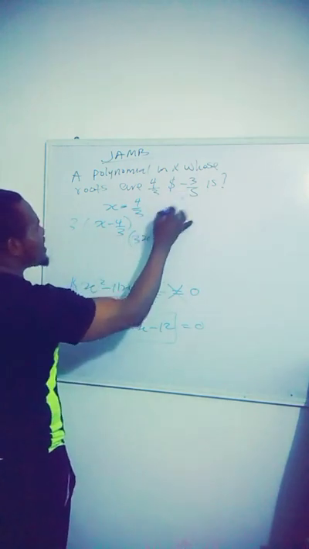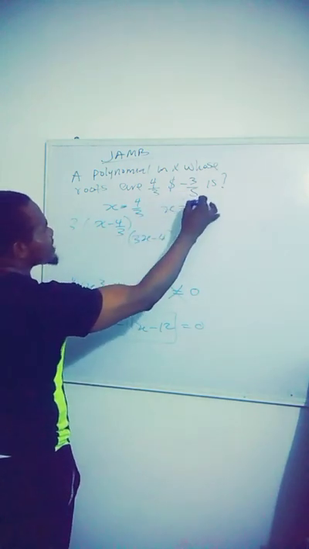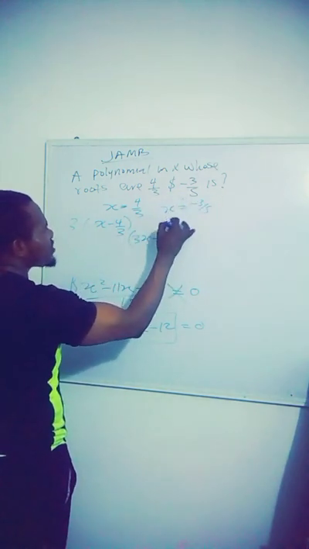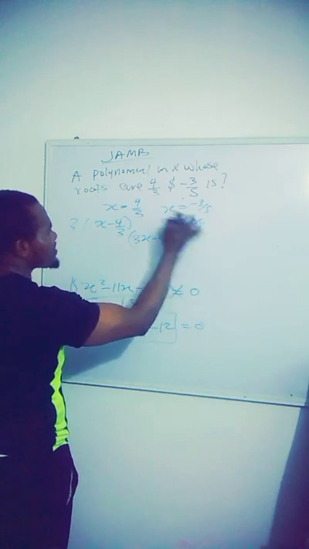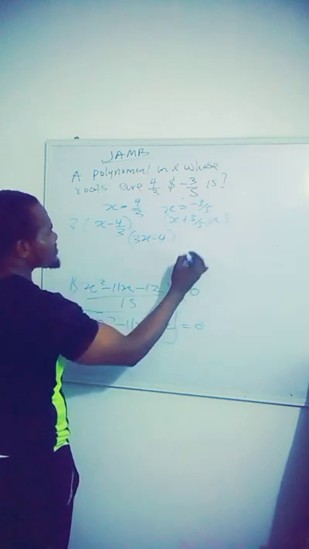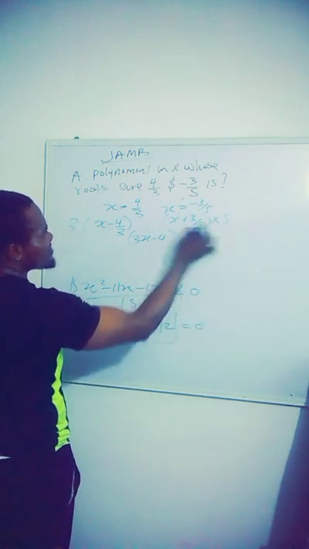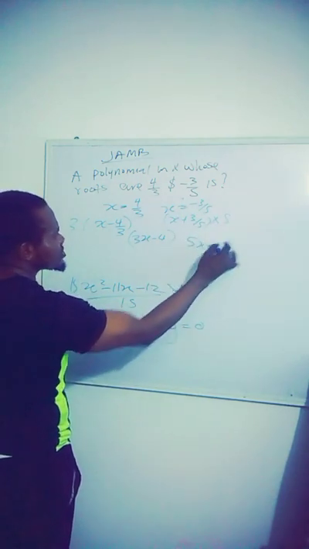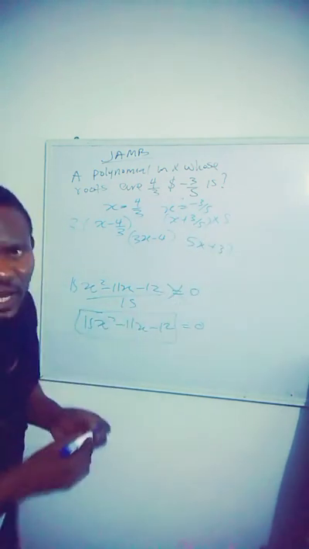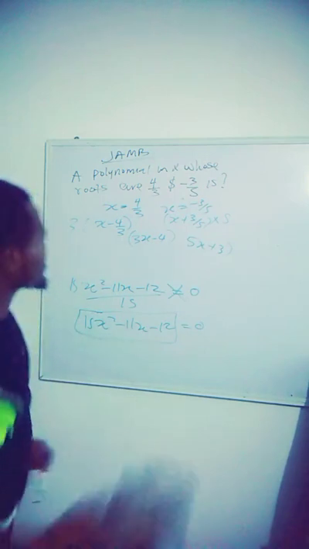Then for s equals minus 3 over 5, it becomes s plus 3 over 5. When you multiply by 5, you have 5s plus 3. I'm just trying to remove the denominator.